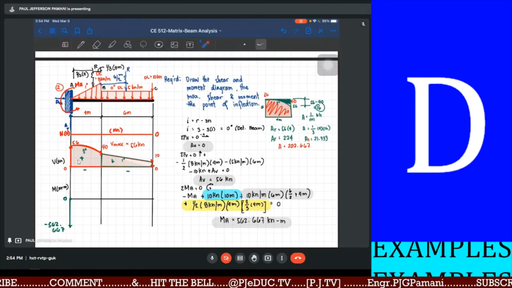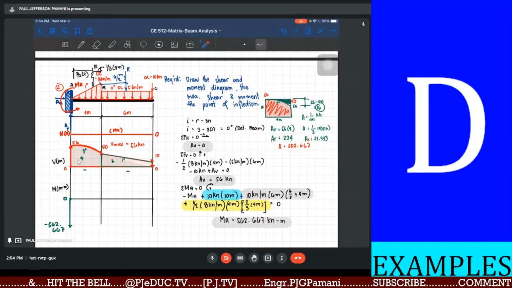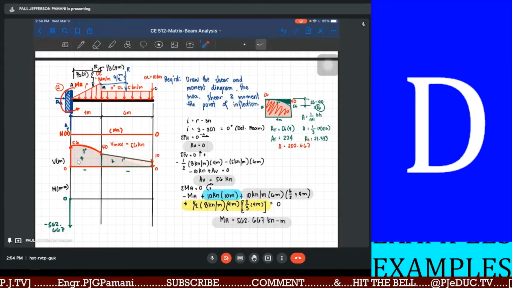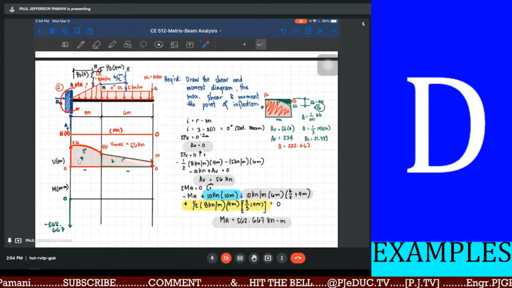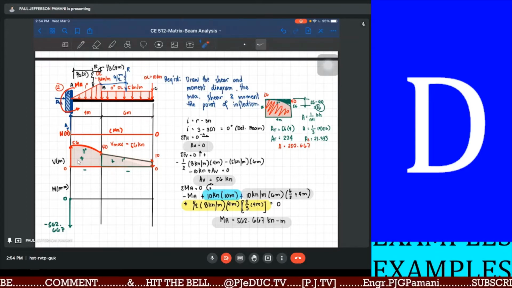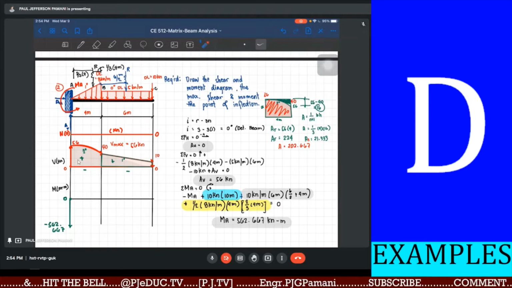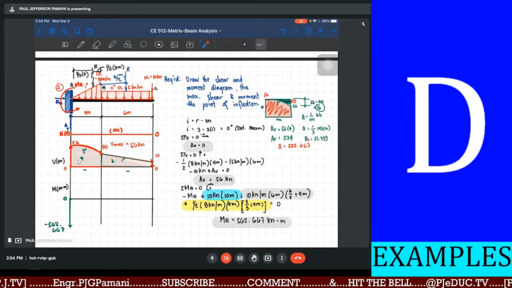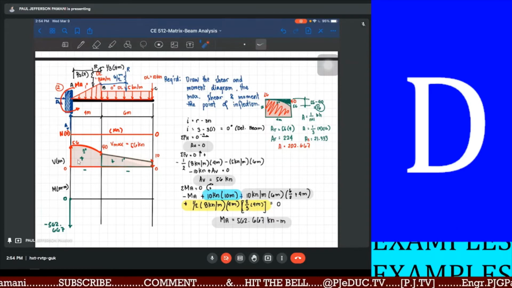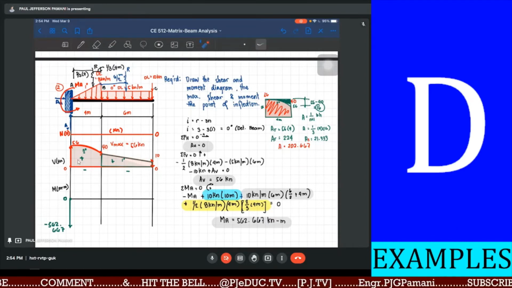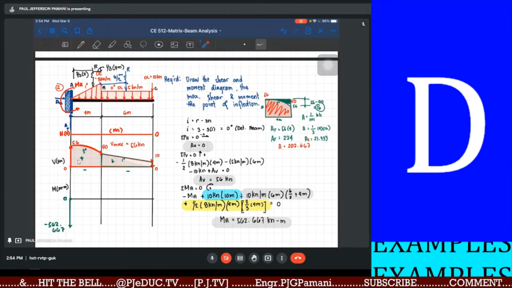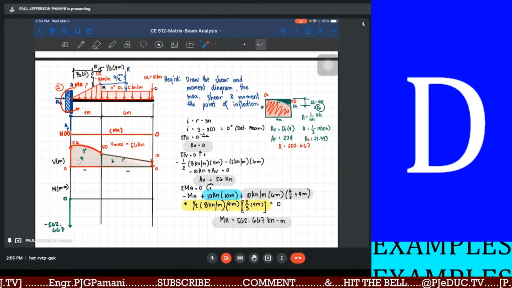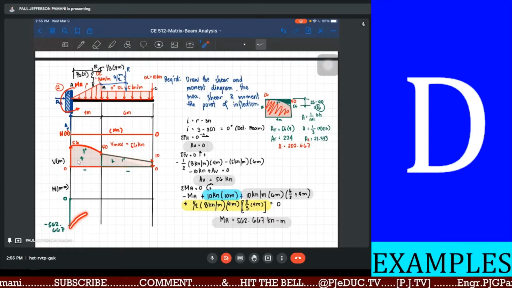So, the area of that section, which we have solved as 202.667, that is negative 562.667 plus 202.667, which is 360.